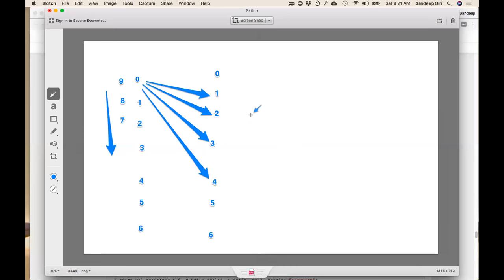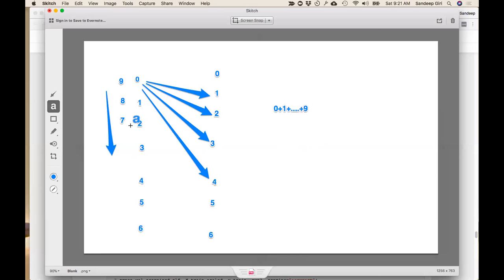I think I got it. The last one, for say the ninth one, is going to be 0 classifiers, right? 0 plus 1 up to 9, correct? These many classifiers.